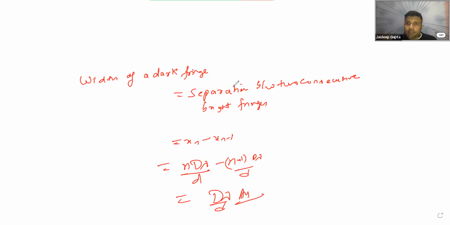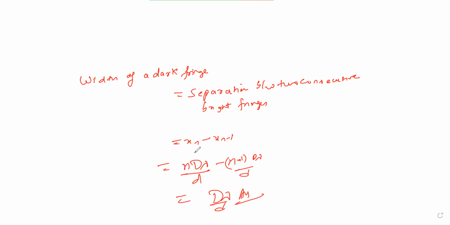Likewise, you'll calculate the same thing for the bright fringe. Look, what did I do? This is the formula I just calculated, the position of the bright fringe. Do you remember? We just discussed.